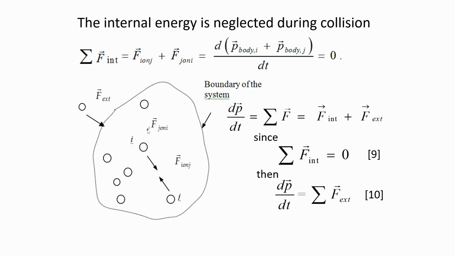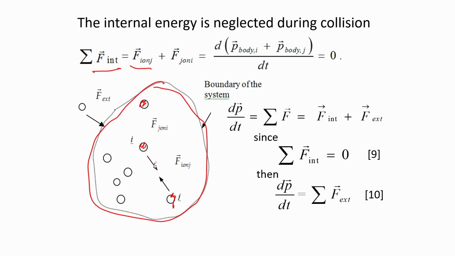Going back again to this condition, since the particles collide, there are interactions, internal or external forces involved. The internal force is just the force of i on j. Basically, these are particles inside a body. This could be anything that you want, but inside the body, they have interactions with each other.